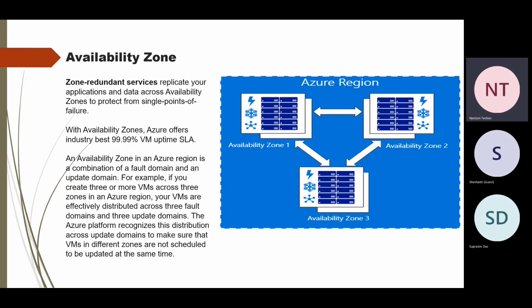If one fault domain is not available, the other fault domains are available, which guarantees the availability of the VMs. Once Microsoft is done with the maintenance of fault domain rack one, they schedule maintenance for another rack, and they will ensure that your VMs are available 24/7.